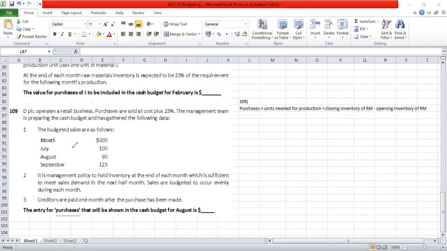The management team is preparing the cash budget and gathered the following information. These are the anticipated sales for July, August, and September. Then it is the management policy to hold inventory at the end of each month which is sufficient to meet sales demand in the next half month. Okay.